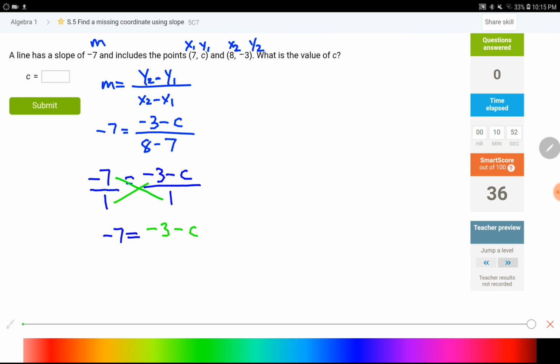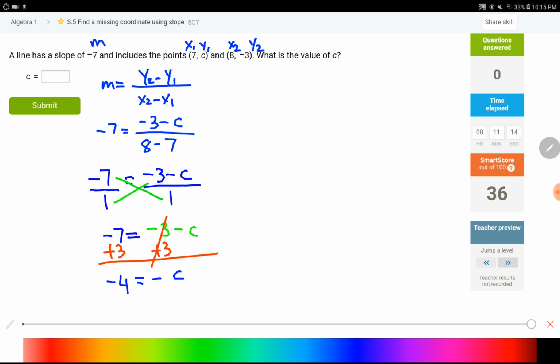To get the c by itself, we have to add 3 on each side. So negative 7 plus 3 equals negative 4. Bring down the equal and bring down the right side.